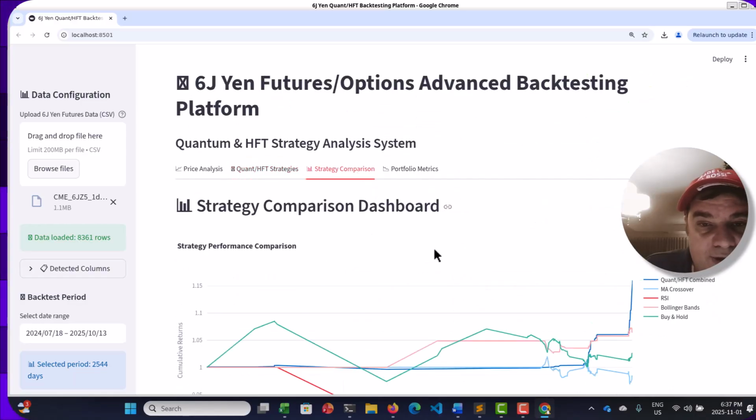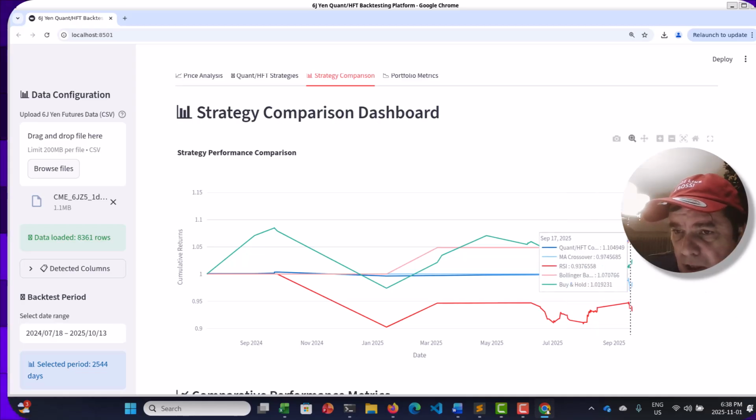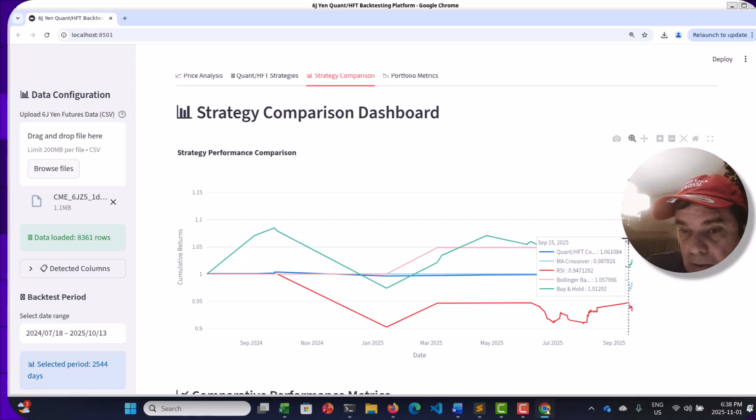So let's check out the strategy comparison. Where's our buy and hold, if we can find our buy and hold. But this one combined looks good. The MA crossover, I guess buy and hold would be in green.